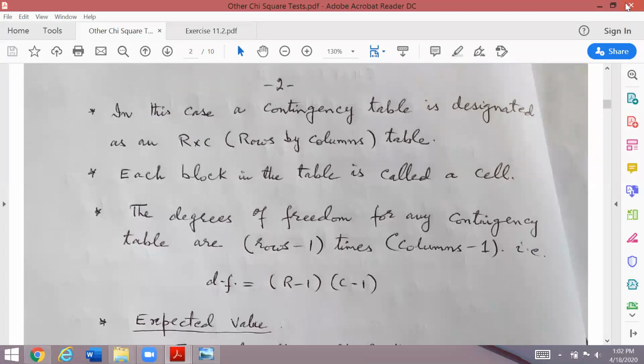The degree of freedom, you are going to have a new formula for finding the degree of freedom in case of test of independence. The formula is that as many rows are there, subtract 1 from that, and as many columns are there, subtract 1 from that, and then multiply these two factors. So rows minus 1 times columns minus 1. In every problem you'll be writing df as R minus 1 times C minus 1, R for total rows and C for total columns.